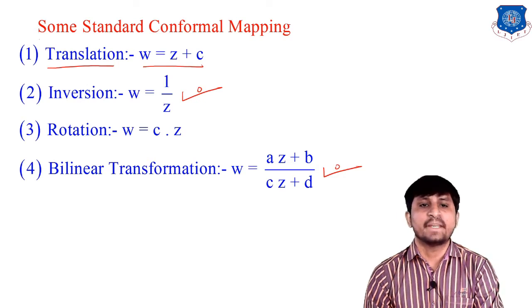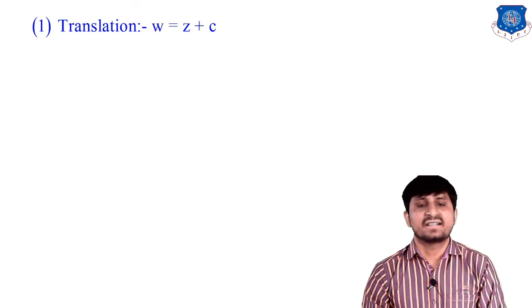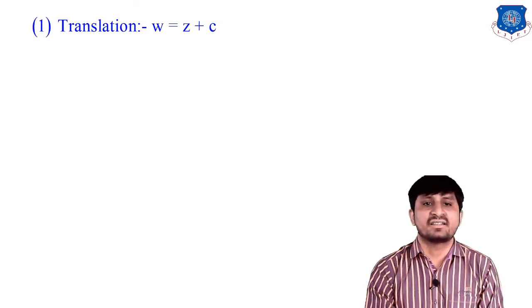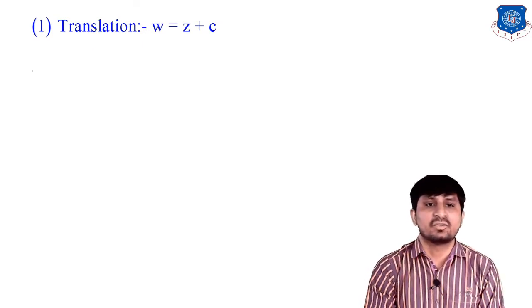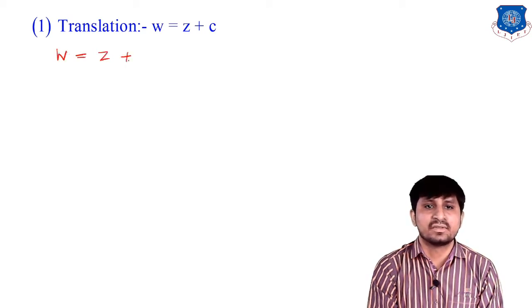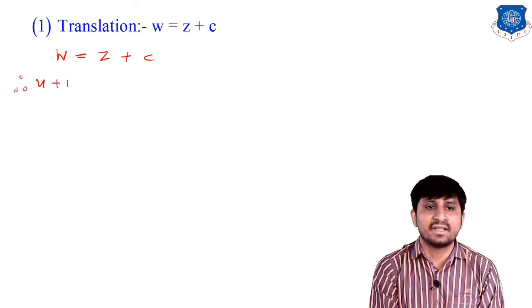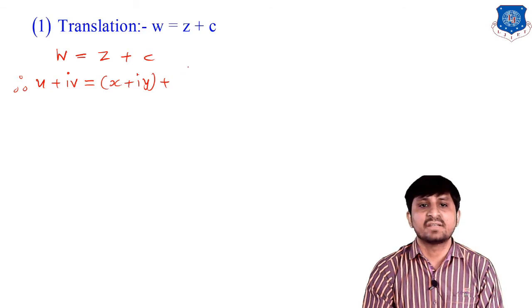So first mapping is translation, w equal to z plus c. Let's try to understand it. So w is equal to z plus c. We know that w is nothing but u plus iv. So u plus iv is equal to x plus iy plus c, that is c1 plus ic2.